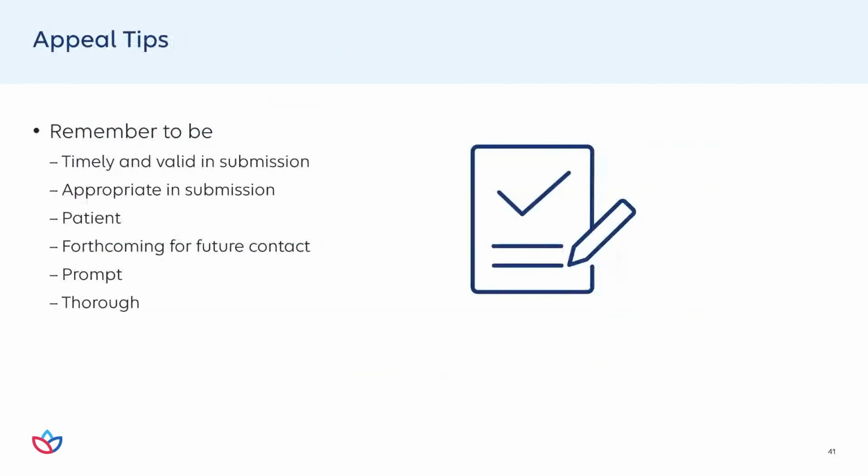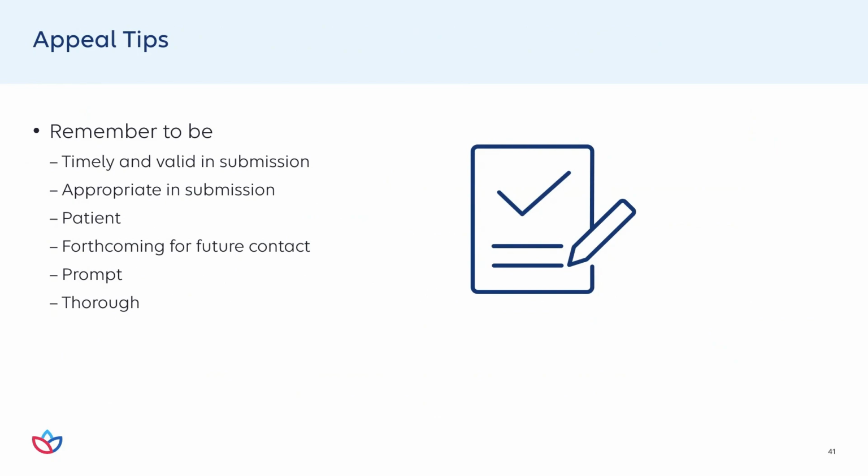Some appeal tips. We're wrapping up here, and we just want you to remember that you need to be timely and valid in your submission. So Jessica talked a lot about timely filing and some exceptions to the rule, and whether or not those exceptions are valid.